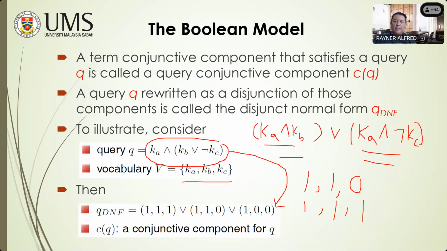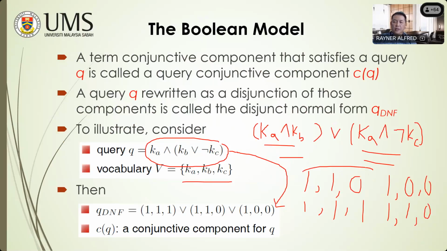If we have KA and not C, that means we need to have 1, 0, because B is not specified here. So we can have 1, 1, and then this one must be what? 0.